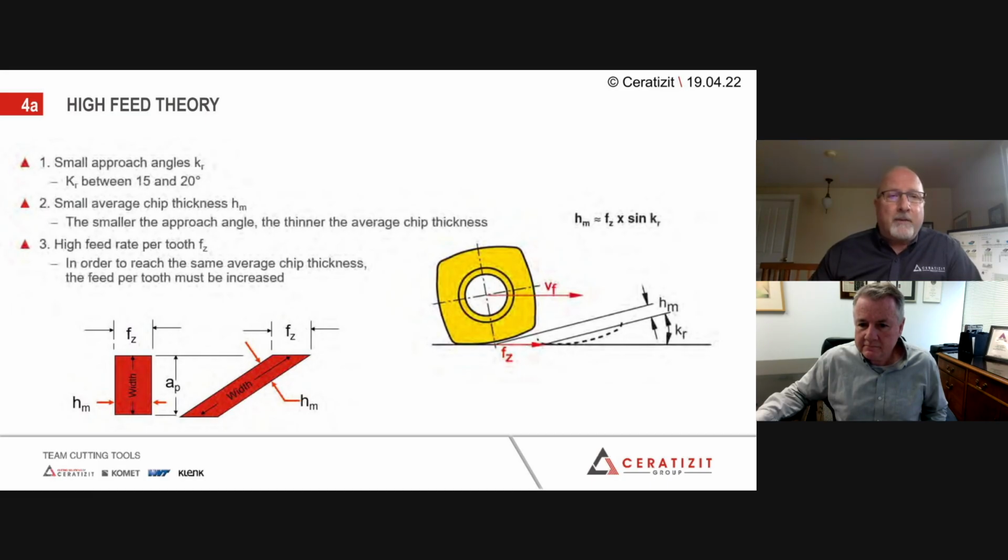So to get back to that average chip thickness that that insert would like to see, you need to accelerate your feed rate, say, 5 times. So when you look at that, you realize that when you increase your feed rate 5 times, you increase your metal removal rate 5 times.